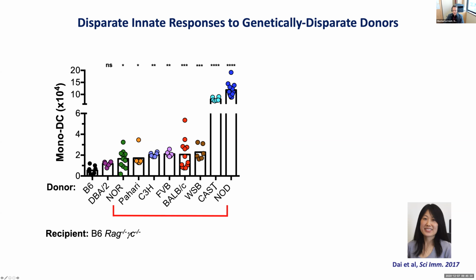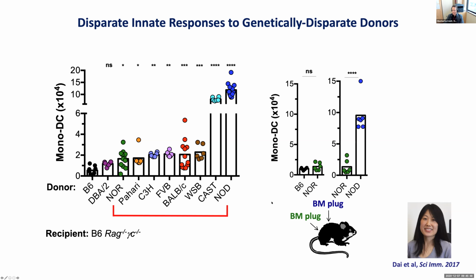Now, as you all know, the NOD mice are the non-obese diabetic mice, and the NOR are the non-obese diabetes-resistant mice, and they vary in their innate response of the host to them quite significantly. So to further study this, we transplanted 2 bone marrow plugs into the same recipient under opposite kidney capsules.